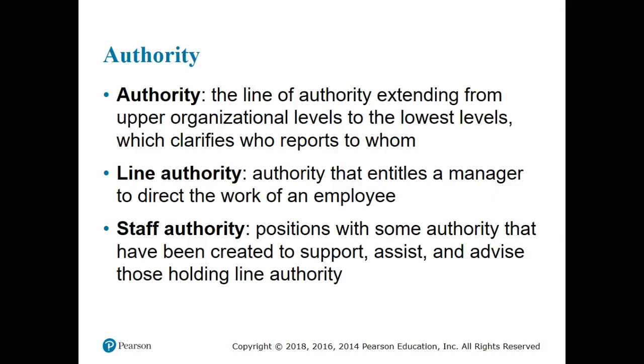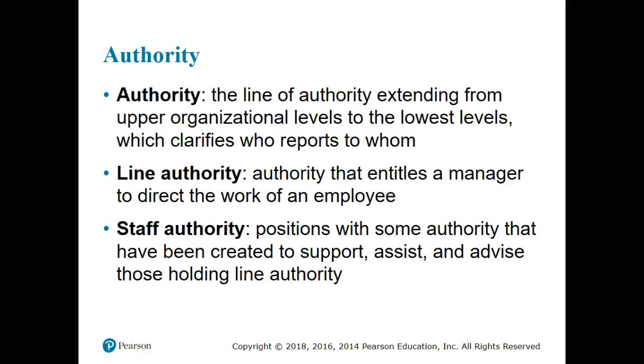Now, authority refers to the rights inherent in a managerial position to tell people what to do and to expect them to do it. Managers in the chain of command have authority to do their job of coordinating and overseeing the work of others, and authority can be delegated downward to lower level managers, giving them certain rights while also prescribing certain limits within which to operate.